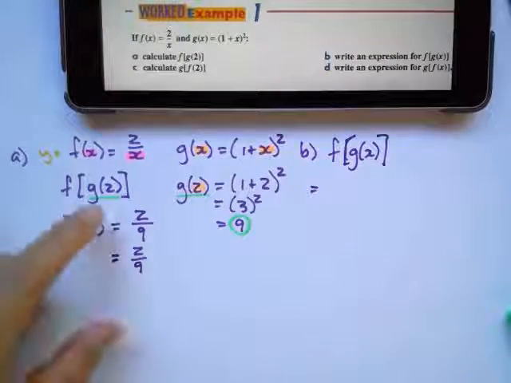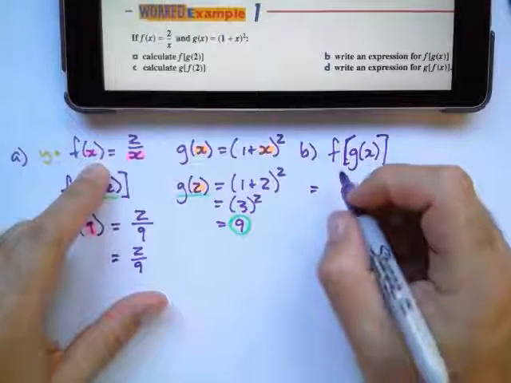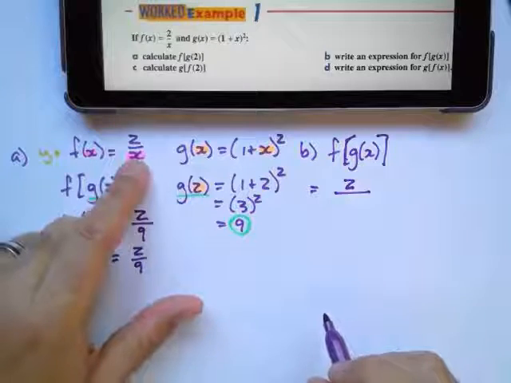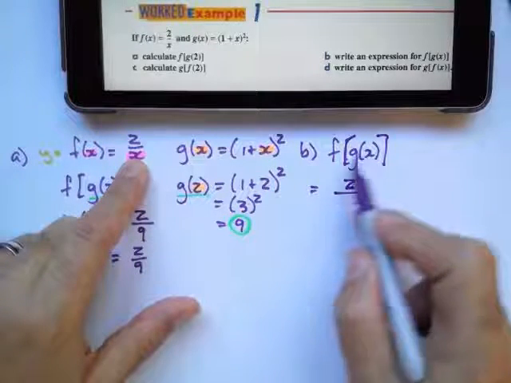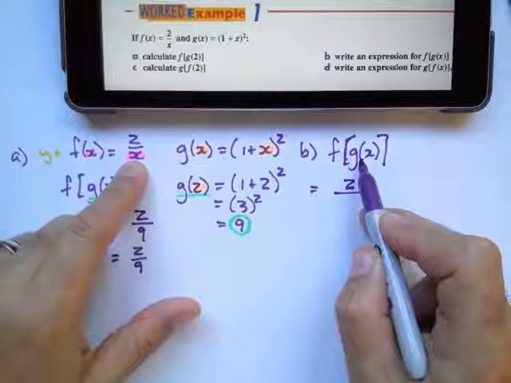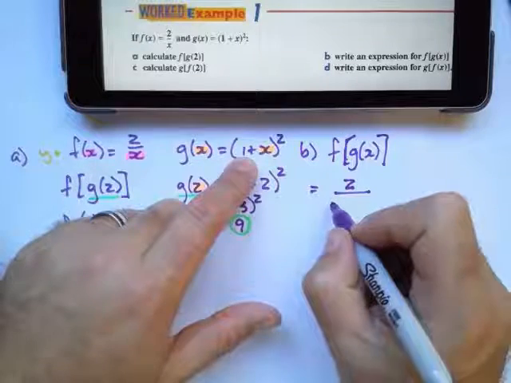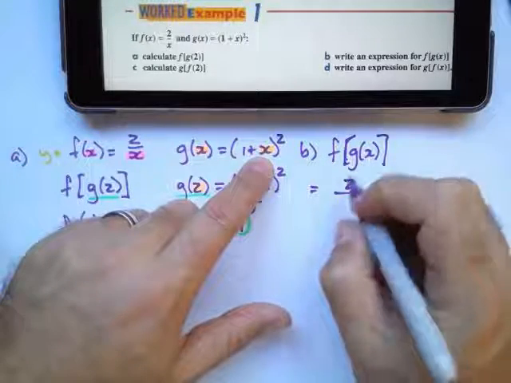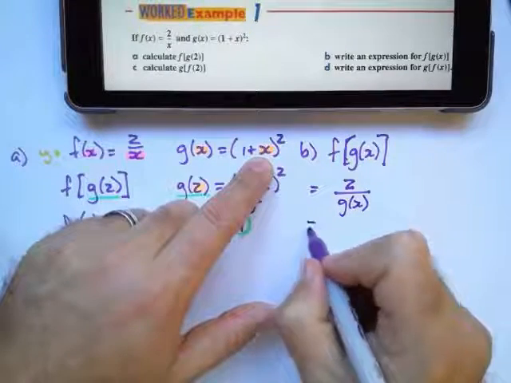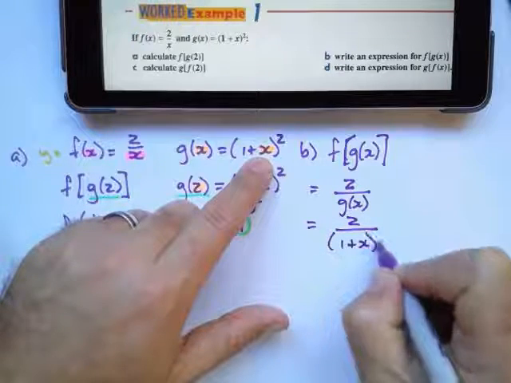Which means, what is f(x)? f(x) was 2 over x, and wherever I see that x, I'm now going to substitute this function g(x). So instead of x, I'm going to use g(x). What is g(x)? g(x) is this. So instead of having 2 over x, I'm going to have 2 over this whole function, 2 over g(x). And what is g(x)? That is 2 over 1 plus x squared.